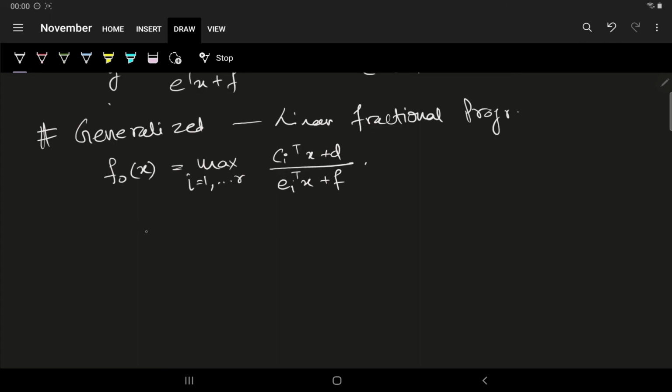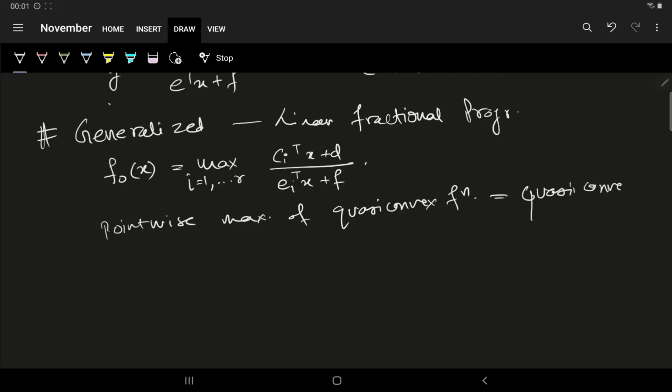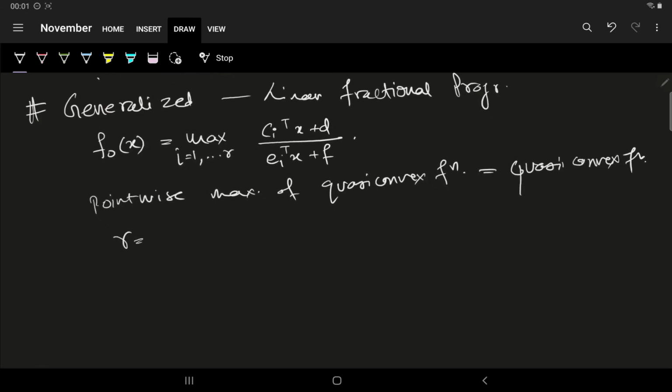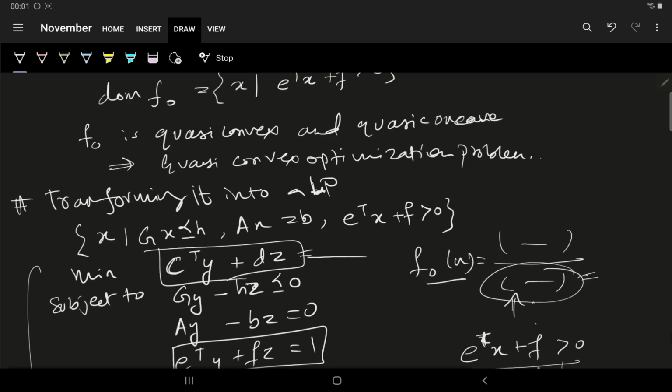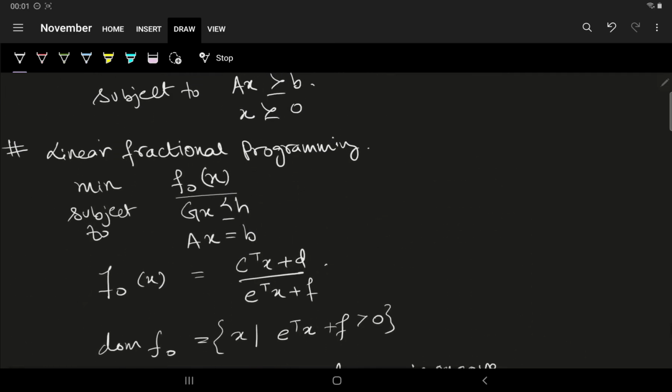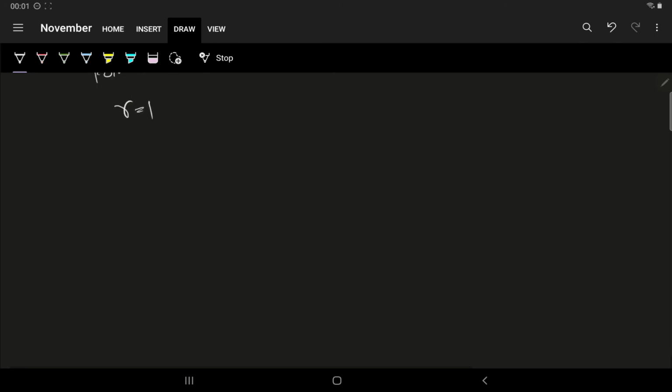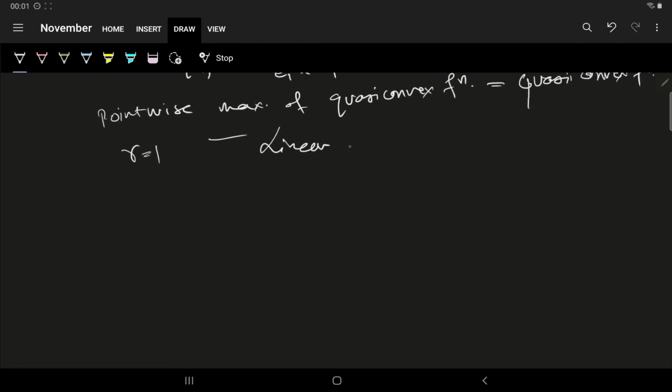The pointwise maximum of quasi-convex functions is a quasi-convex function. When r is equal to 1, this is the same as linear fractional programming. Thank you.